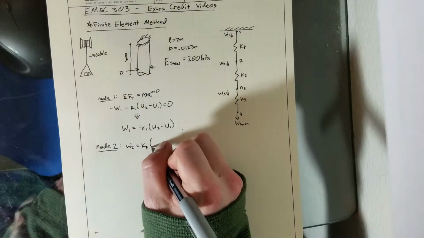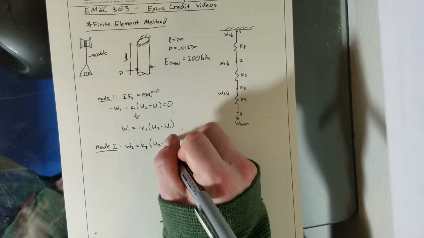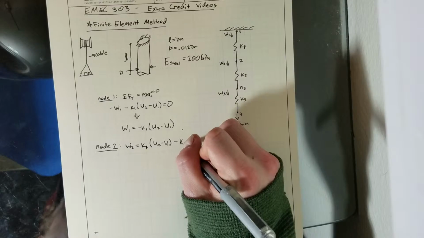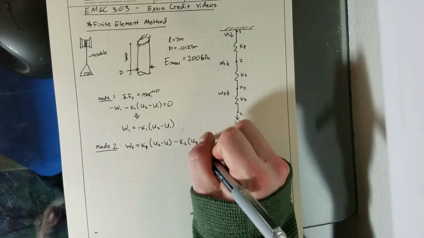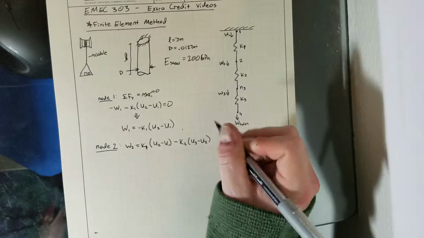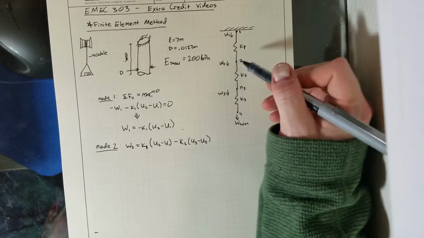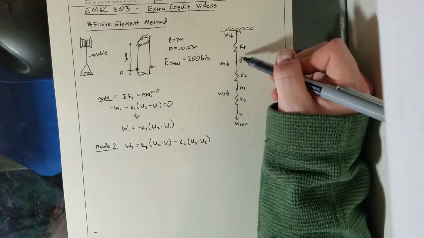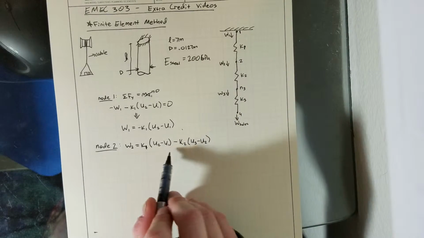That's K1. And notice that at node 2, the force from spring 1 is acting in the positive direction now, as can be seen.